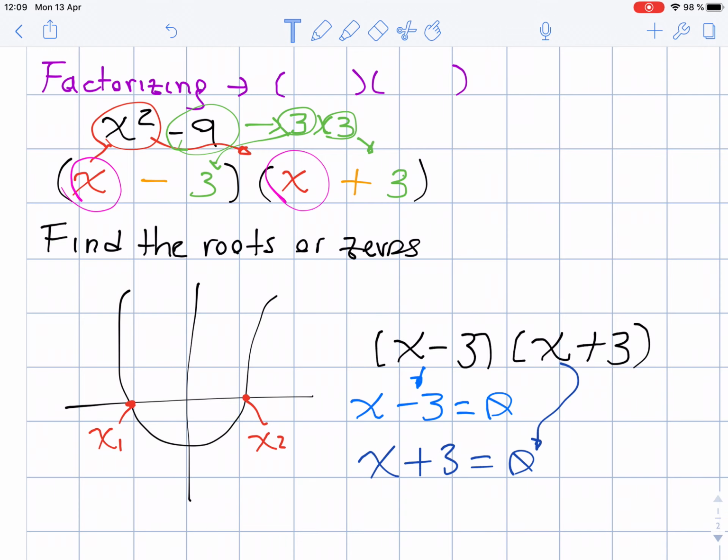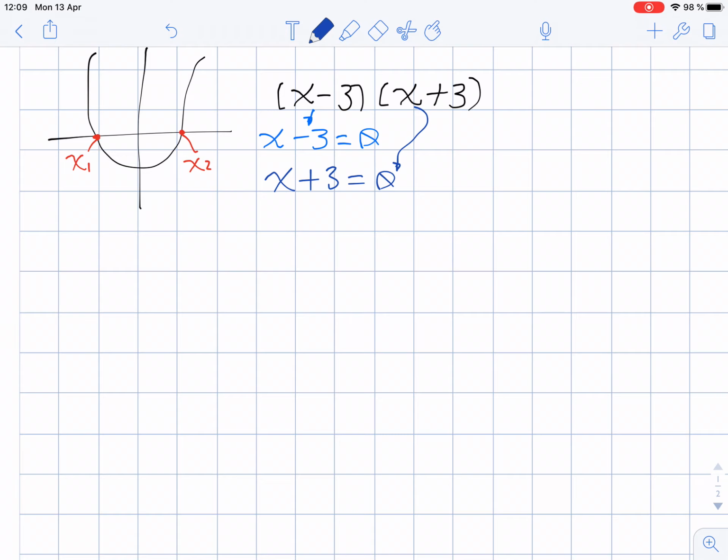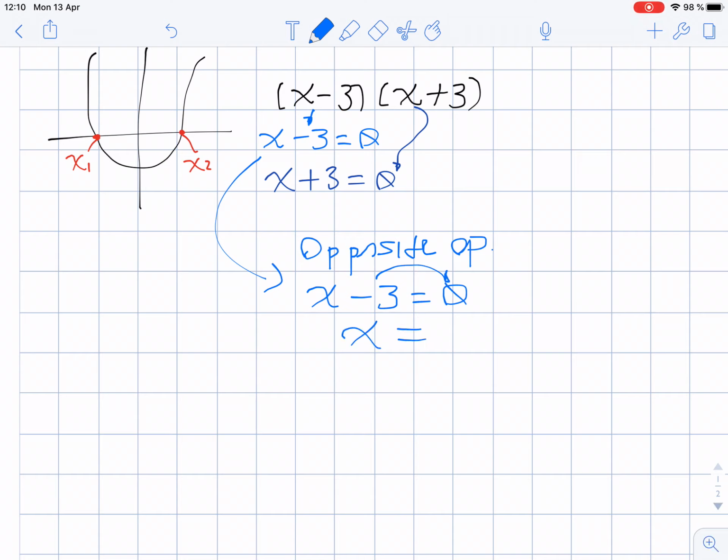And then, applying opposite operations, we will have, for x minus 3 equals 0, the value for the x is equal to 3.